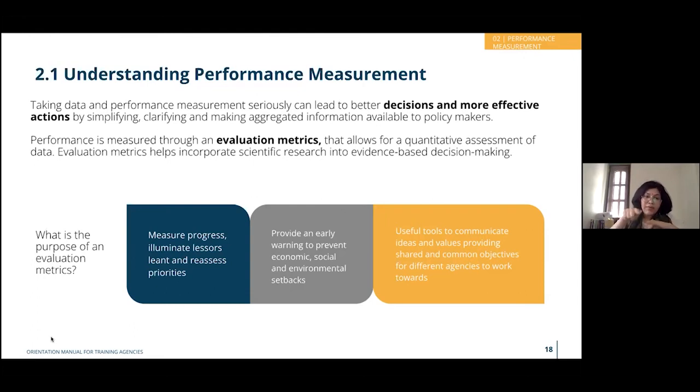If there are red flags, we are able to identify those, or that this indicator is not doing very well. So that's the second point, that we are able to provide an early warning to prevent any setbacks that the projects may have. And then finally, performance measurement is an excellent way to communicate ideas to citizens, right?